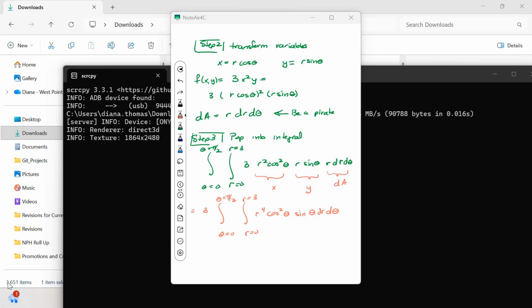All this stuff, ugly as it might look, it's just a constant if I'm integrating with respect to r. So I'm going to get r to the 5th over 5, and I pulled that 5 outside too.